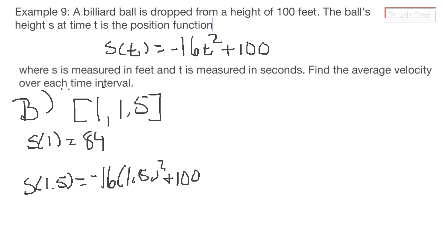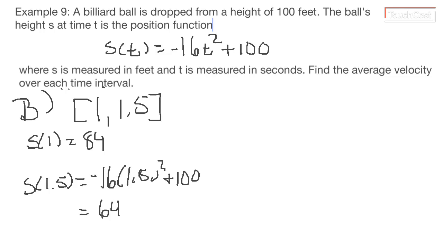I would use a calculator when I'm doing this. If we square 1.5, multiply it by negative 16, and then add 100 to it, we're going to figure out that it's equal to 64.